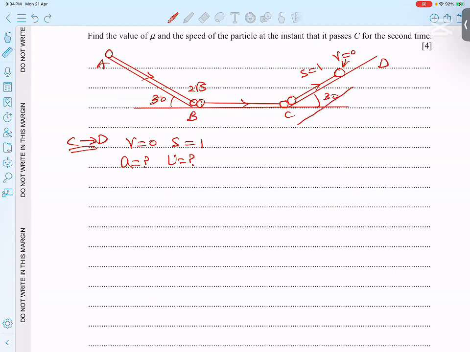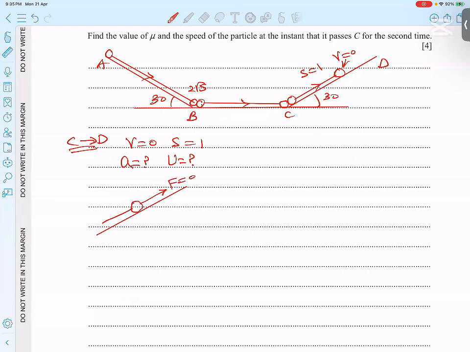Actually, I'm going for a reverse question like this. In the previous question I went one way, but this question I'm going to do like this. I believe you're understanding. As it is going upwards, we need to find the acceleration. We have done it many times, and I'm doing it again so you can understand.